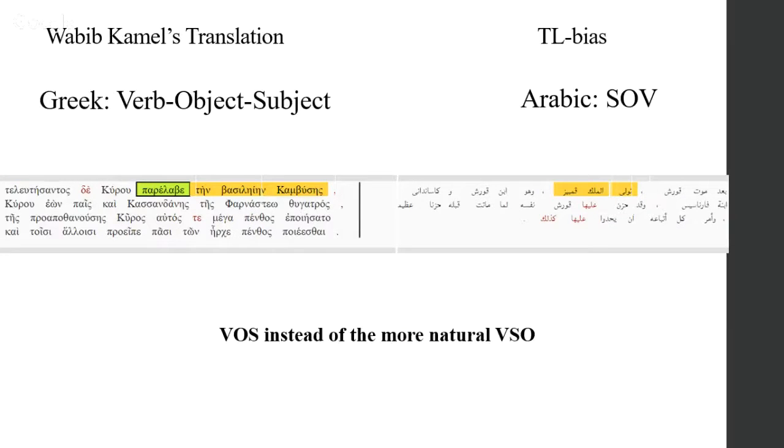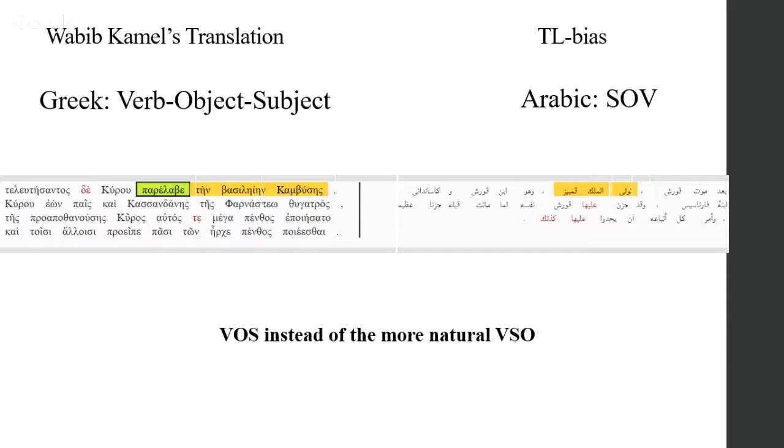Now, let us go into some of the details. He said that he tried to preserve the arrangement. How is this? In the Greek text, you have Parelape, tin Pasilian, Campises. So it's a free arrangement where you have the verb in the beginning, and then the object, and then the subject.